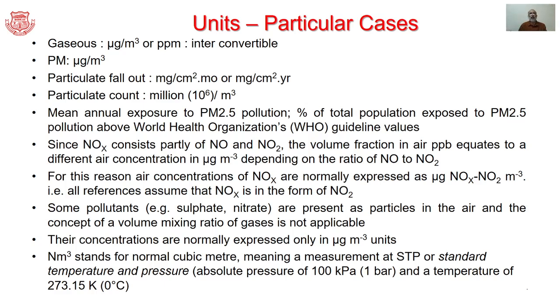Hence, to maintain uniformity for the expression, the volumetric contents are expressed as normal cubic meter. That normal cubic meter is expressed as N cubic meter, meaning the measurement at standard temperature and pressure as we discussed previously.